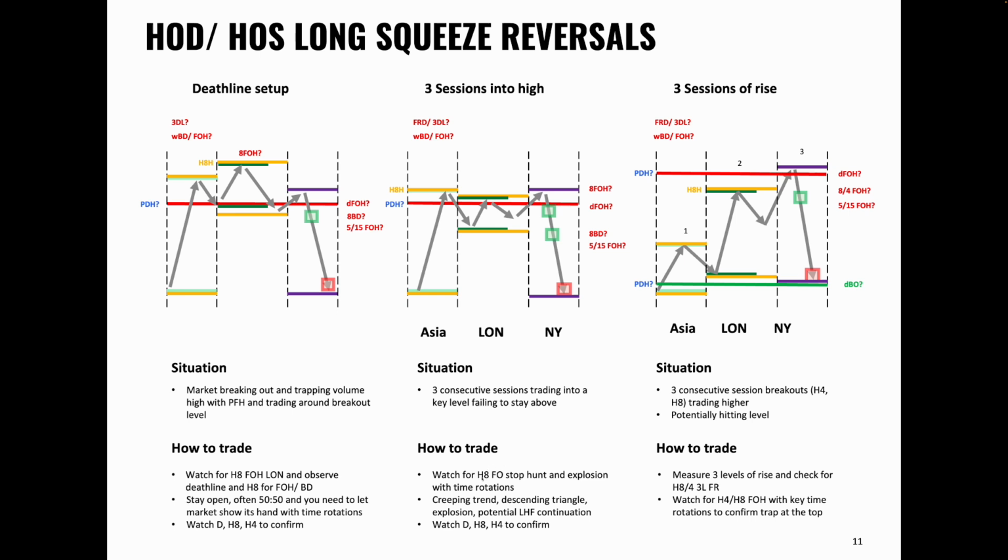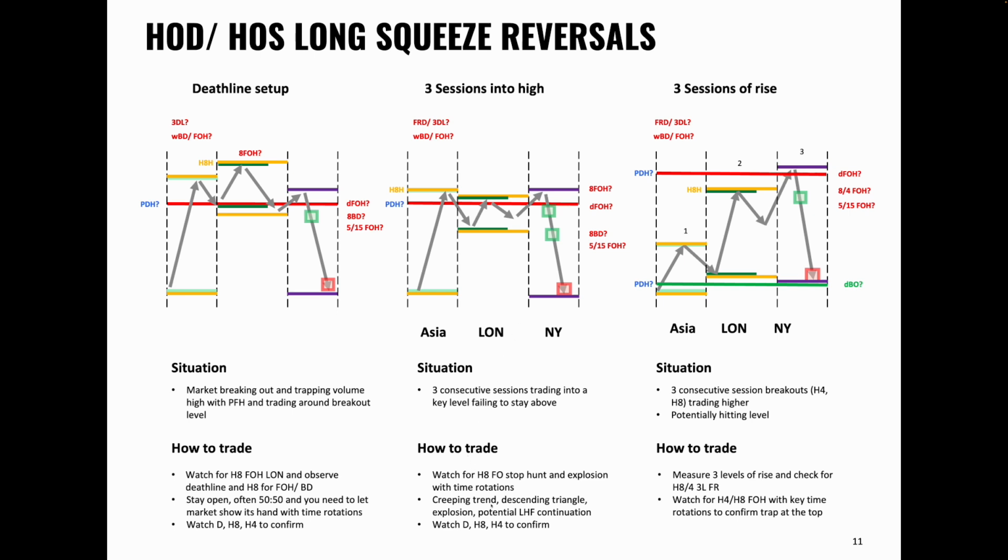You watch for the 8-hour fake out, stop hunt, and explosion with time rotation. So once you see it's trading into the level and failing to go higher, you typically wait for a final stop hunt that traps one time to the top, and then with time rotations you get the explosion that you can then just jump into.